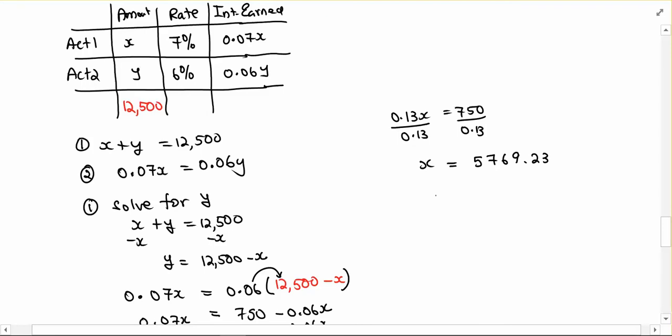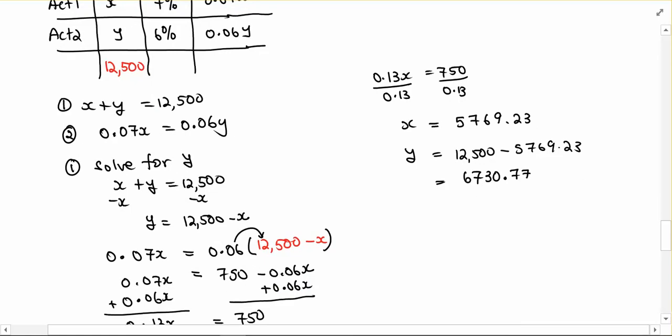So then what went into account 2? So y would be 12,500 minus 5769.23, which is going to be $6,730.77.